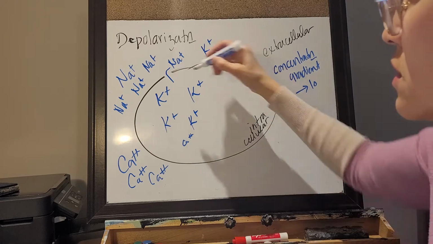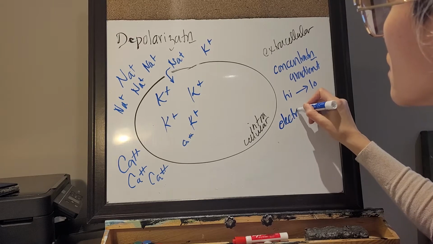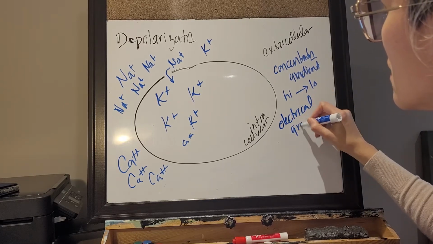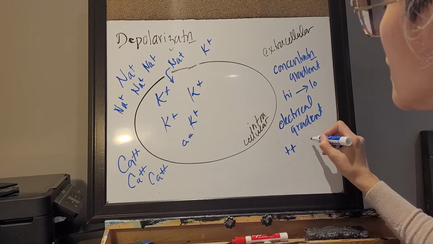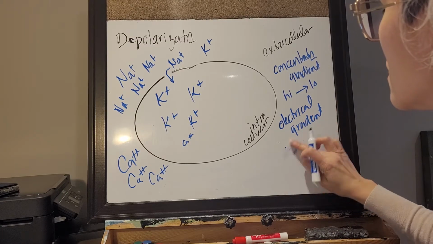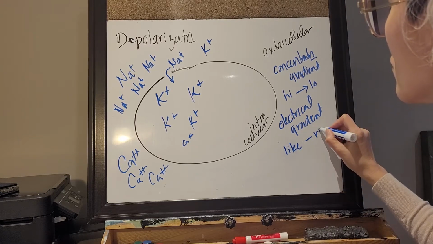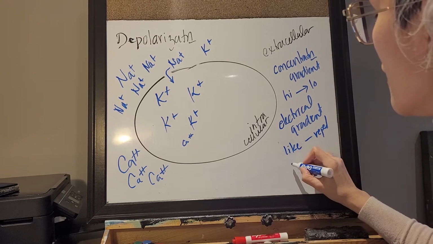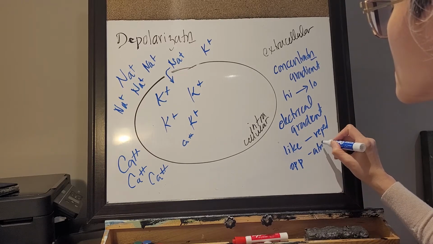The other concept that you need to know is that there's also an electrical gradient. And that means that like charges repel, and opposites attract.